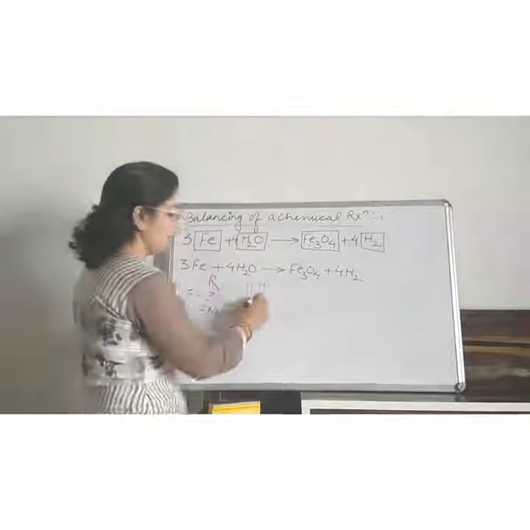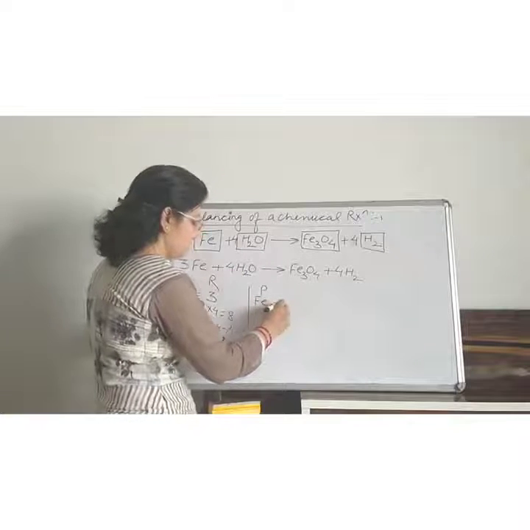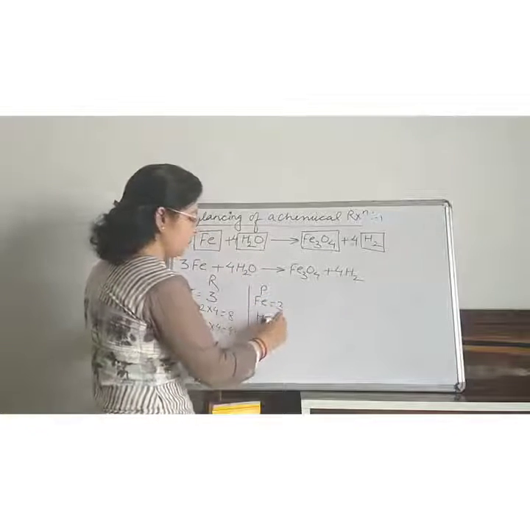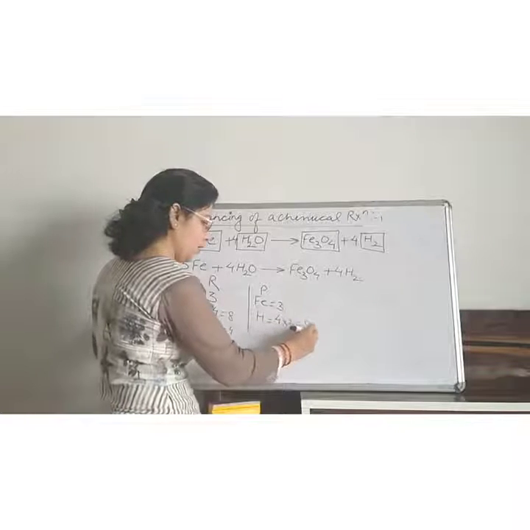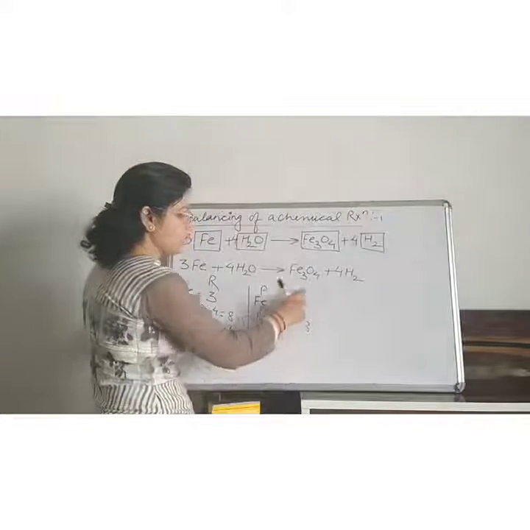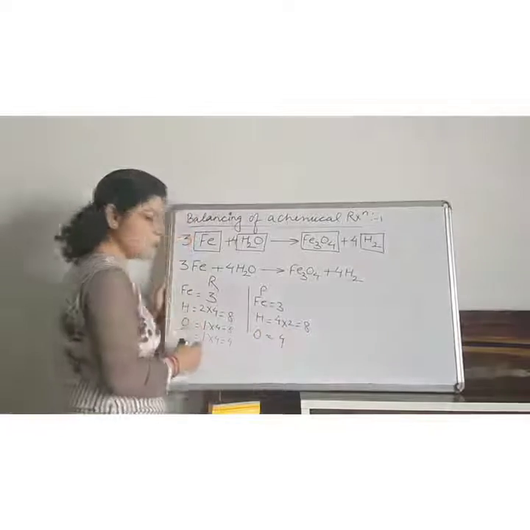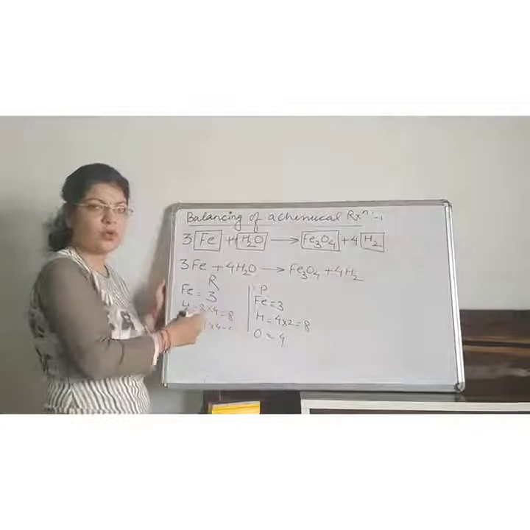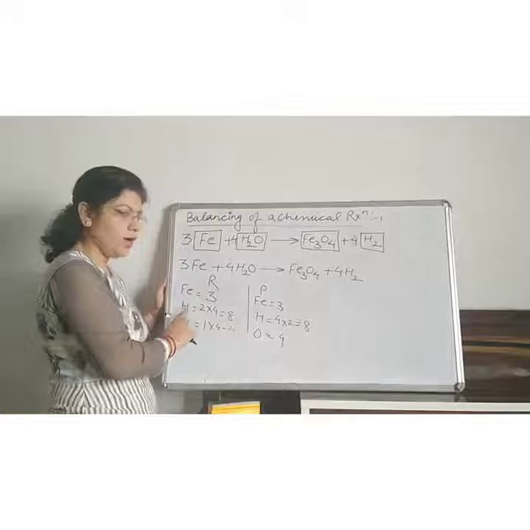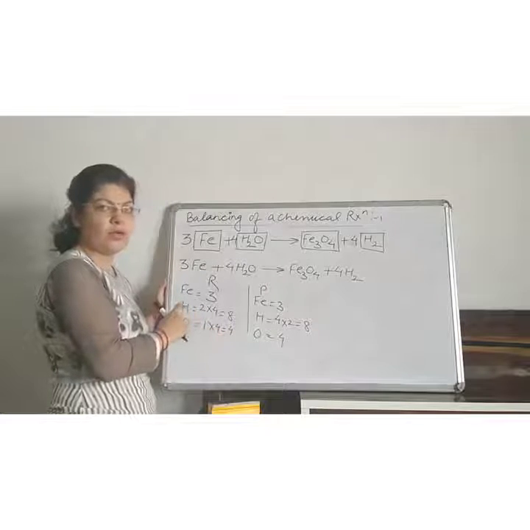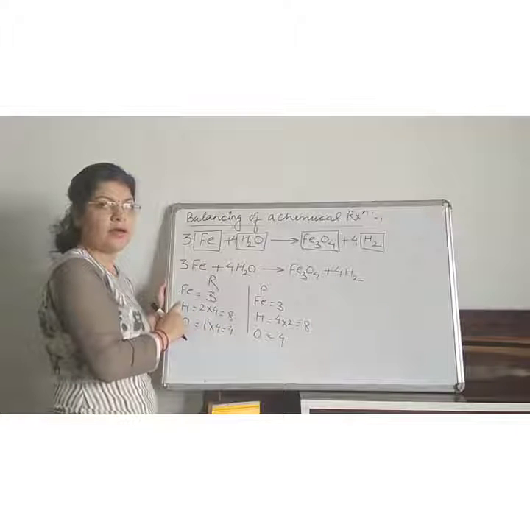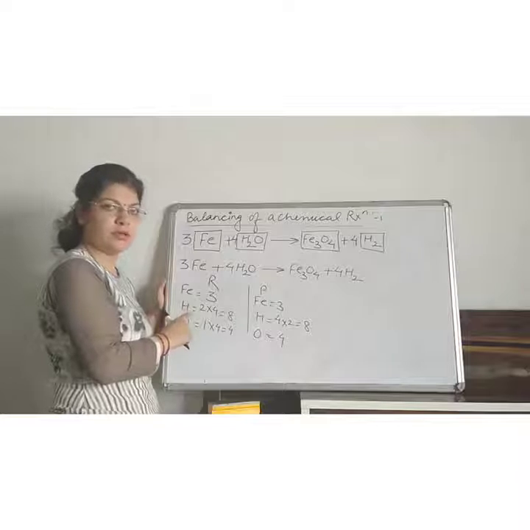And on the product side, iron atoms are 3, hydrogen is 4 into 2, that is again 8, and oxygen atoms are 4. As the number of atoms on both sides is the same, this is the required balanced chemical reaction.